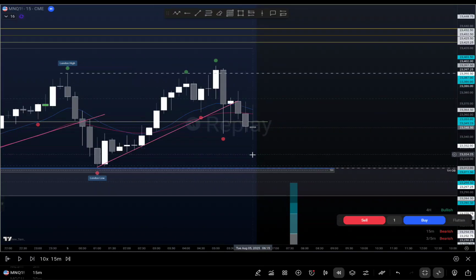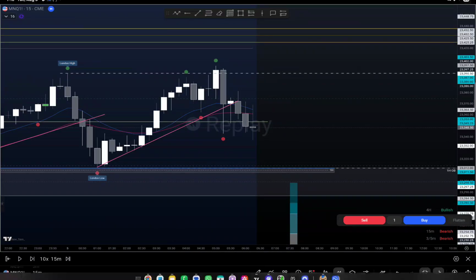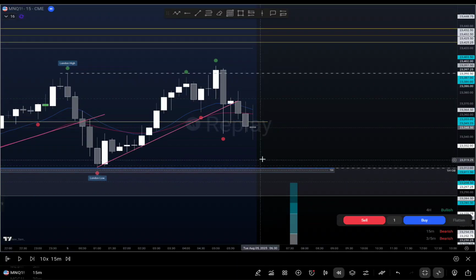So we came down here, and initially what I was thinking was, okay, I'm going to wait for the market to hit one of these levels before coming up and tagging one of these levels, which in this case, wait for market to hit sell side liquidity before it comes back up and targets buy side liquidity.